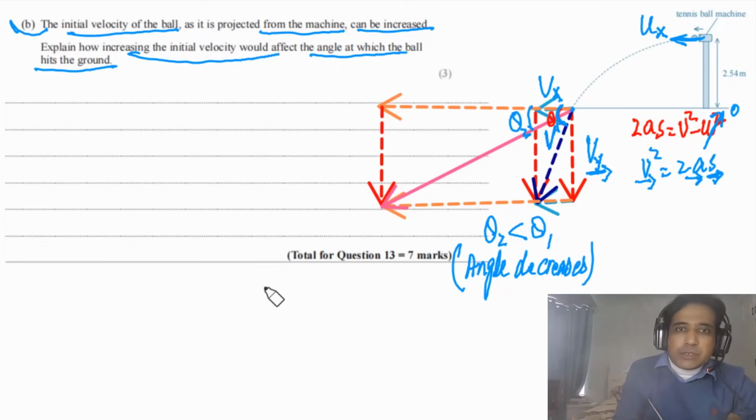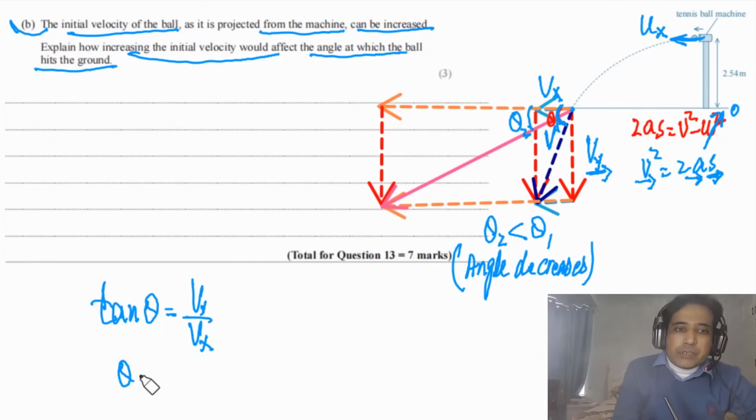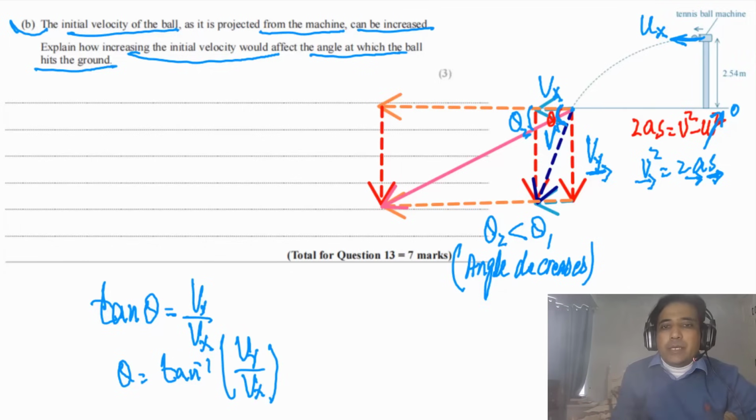We can also understand this with the help of tangent of theta. Tangent of theta will be equal to Vy divided by Vx. So from here theta will be equal to tangent inverse of Vy divided by Vx. In this case the Vy component remains the same.